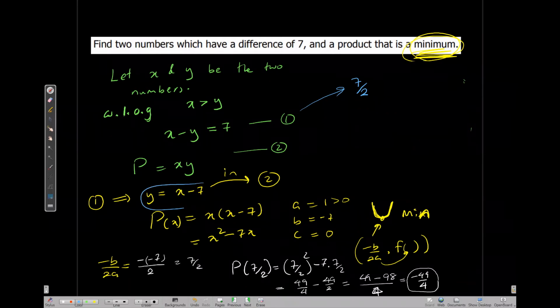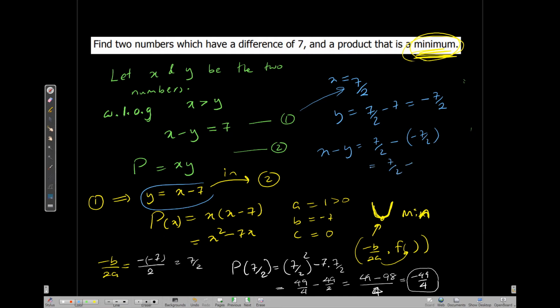See from here, y is x minus 7, so x equals this, y equals x minus 7, which is negative 7 over 2, right? Now let's check x minus y. So 7 over 2 minus negative 7 over 2, which makes sense. 7 over 2 plus 7 over 2, and we get 7. And the required product is this.